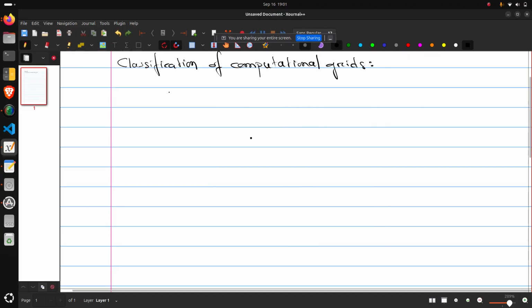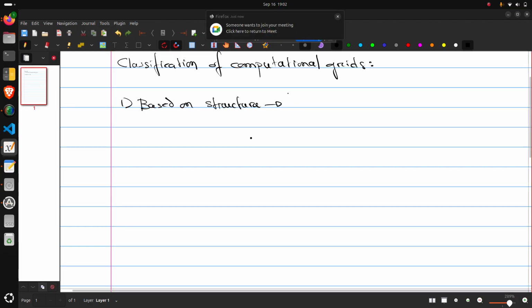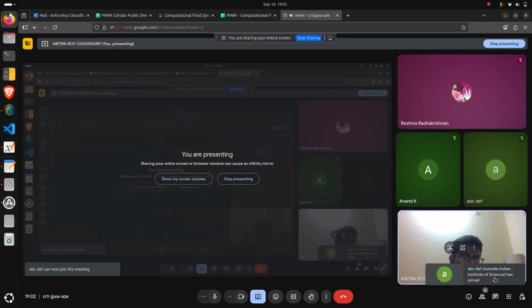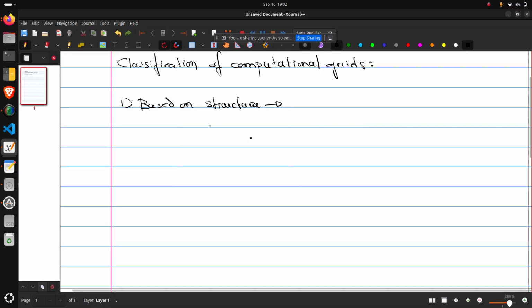Based on the structure, we can classify grids into two different types.